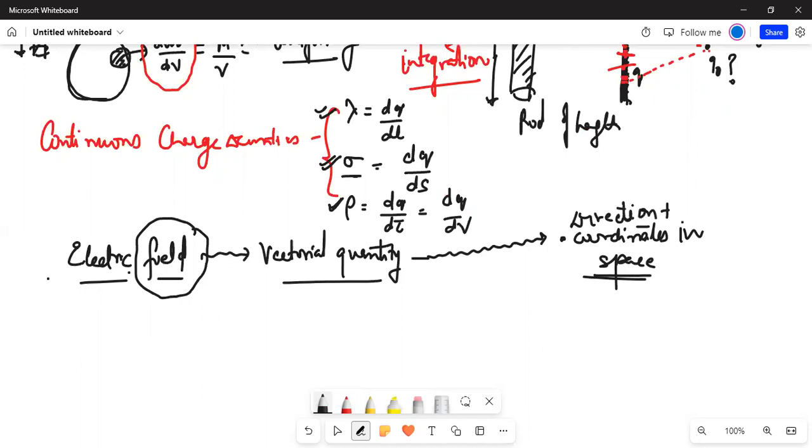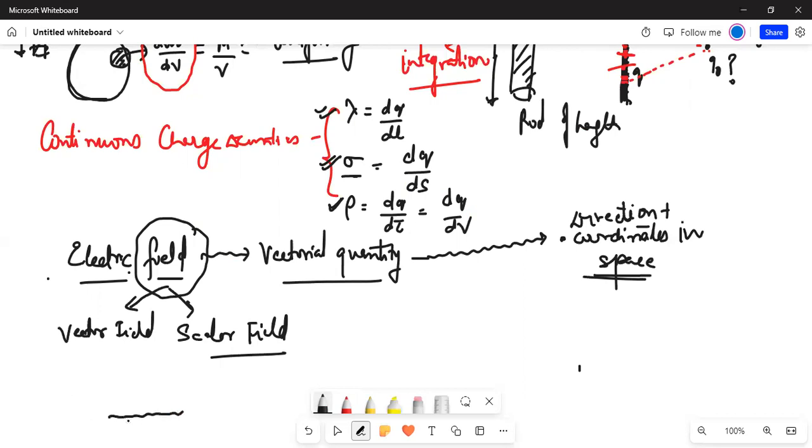So what does it mean? Now again, fields are divided into two varieties. One variety is called a vectorial field, and the other is called a scalar field. Let's say you are sitting on a beach. Let's say Harshit is sitting on the beach. This is your sea, and here Harshit is sitting, and just near this there is a mountain with a high altitude.